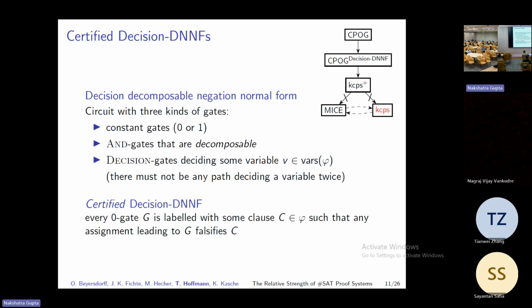Okay. So we start with introducing KCPS, and for that we need decision DNNFs, which you should already know from the previous talk. This is a circuit class where one of the properties that is easy is counting, which is why it is used for model counting.